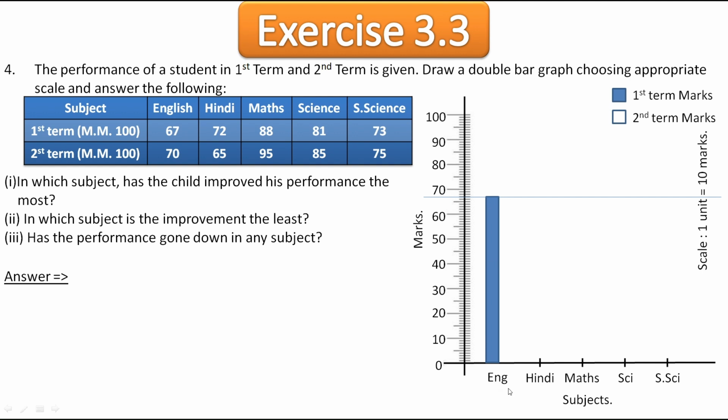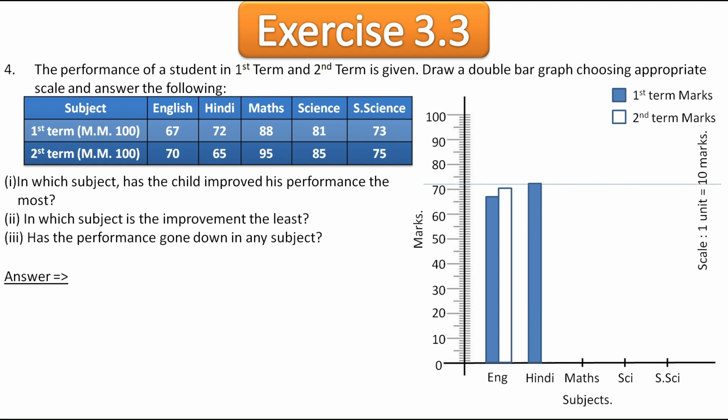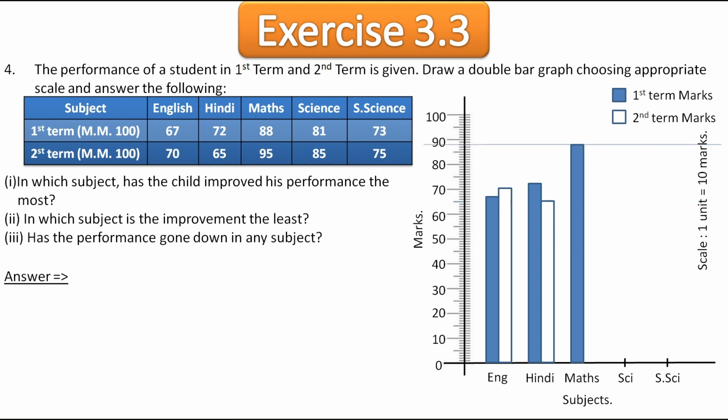Now we have to draw the unshaded bar on English only, but with 70 marks, because he has scored 70 marks in the second term. Okay, now for Hindi he had scored 72 marks in first term and 65 in second term. Now for maths he had scored 88 marks in first term and 95 marks in second term.